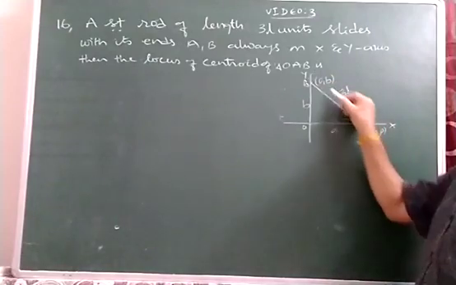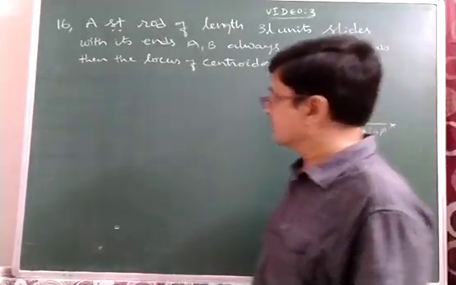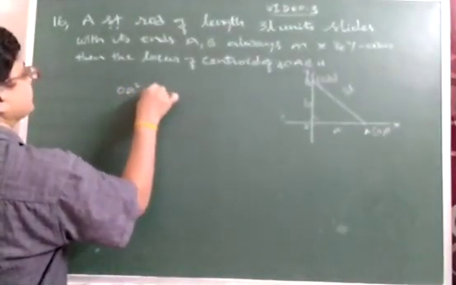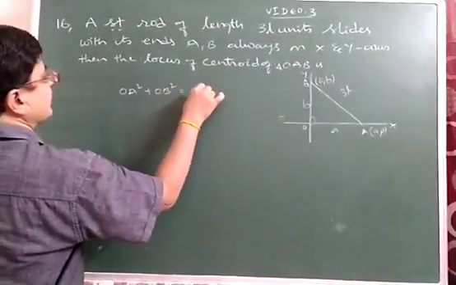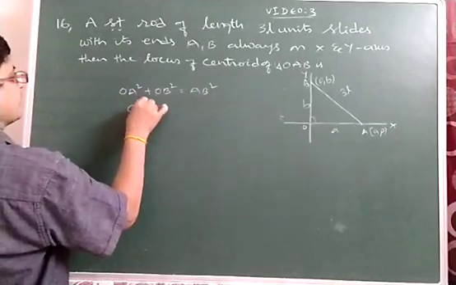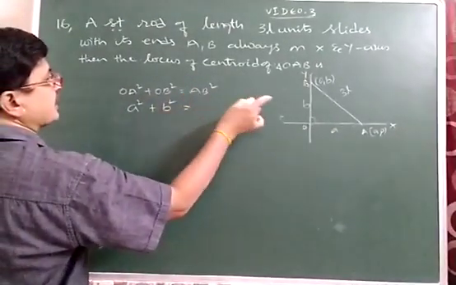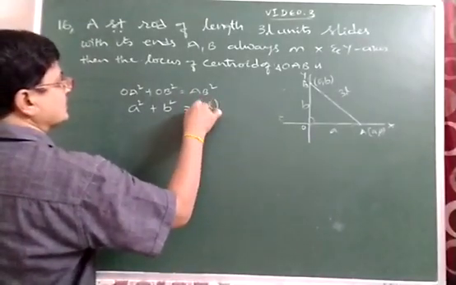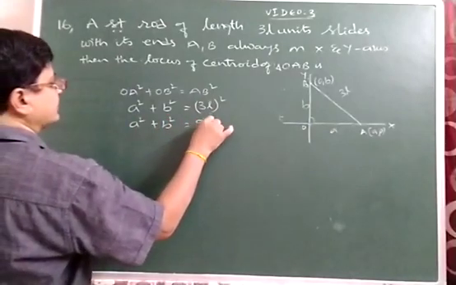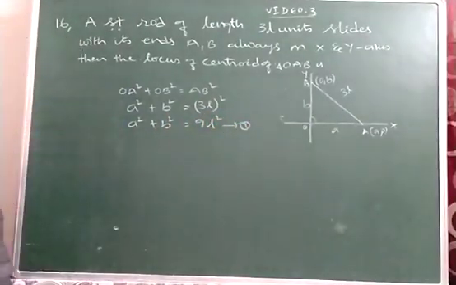Now this is a right angled triangle. By the Pythagoras theorem, OA square plus OB square is equal to AB square. So a square plus b square is equal to (3L) whole square, that is a square plus b square is equal to 9l square. This is taken as the first equation.